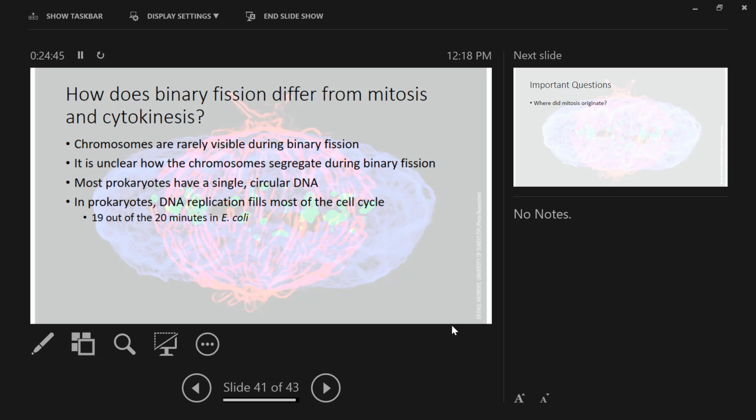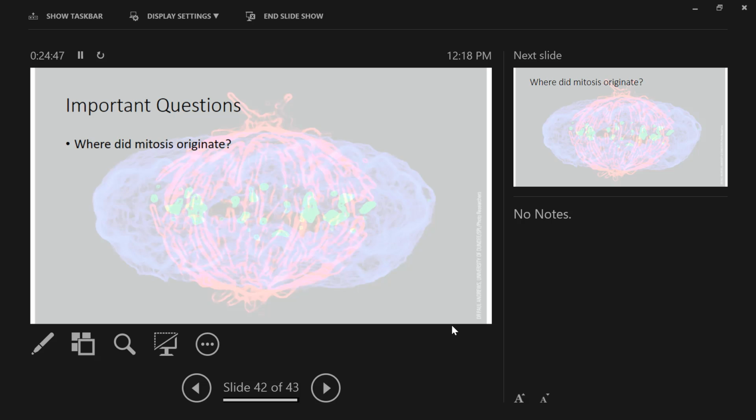And then the last question that we need to deal with, which Charles just asked: how does mitosis develop from binary fission? Where did mitosis originate? It's an excellent question.